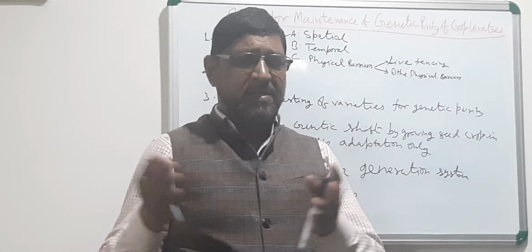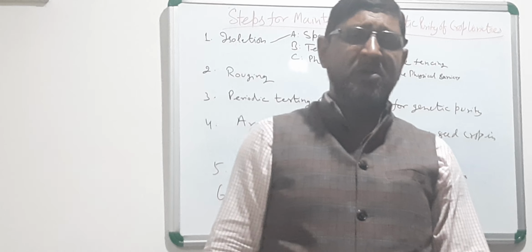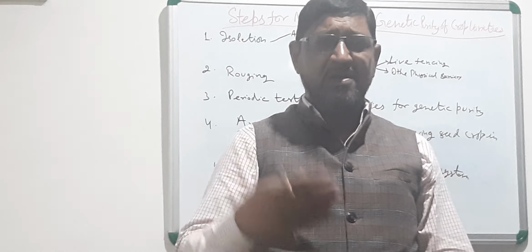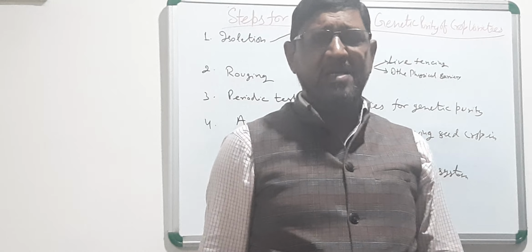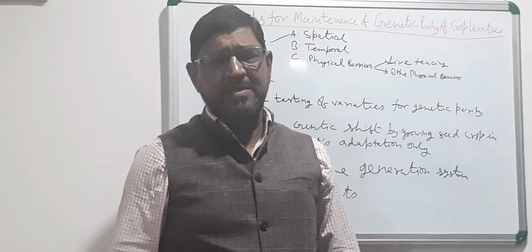Usually 3 meters is okay in self-pollinated crops, whether wheat, rice, pea or chickpea.